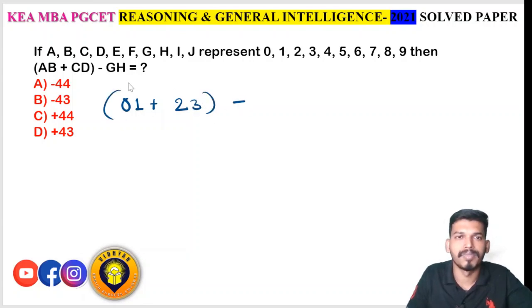Minus GH. So what is G? 0 1 2 3 4 5 6, and H is 7.